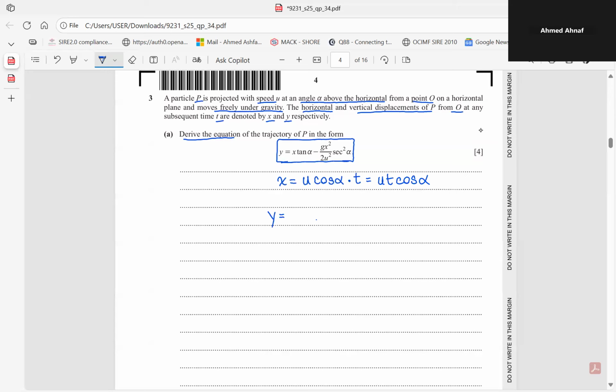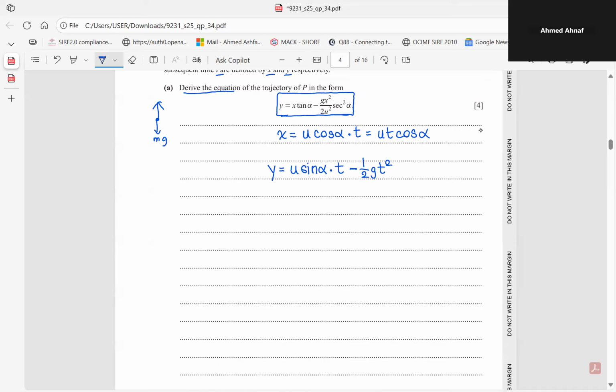So u is the initial vertical component of the velocity, so that's just u sine alpha times t. And then the acceleration, we take it to be negative because weight is acting downwards, but the velocity is moving upwards. So that's why it's minus half, and then a is g, t squared. So the final equation we get is y equals ut sine alpha minus half gt squared.